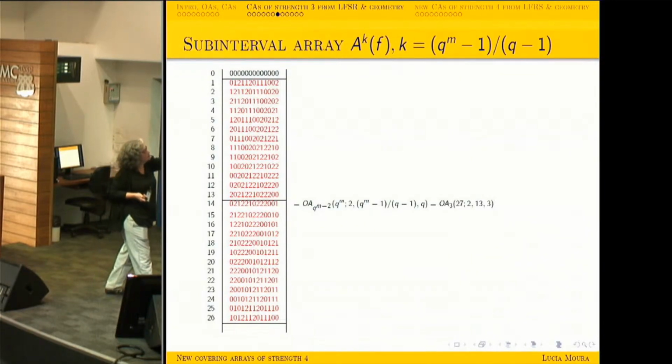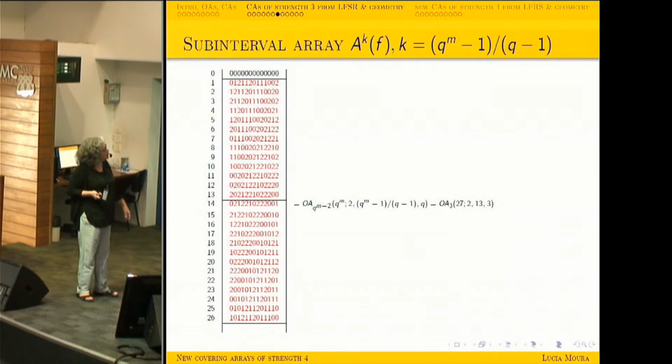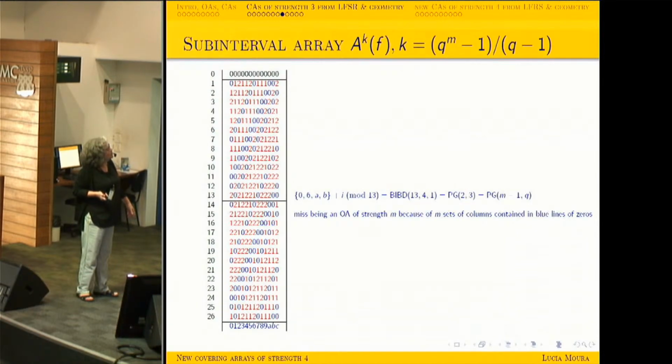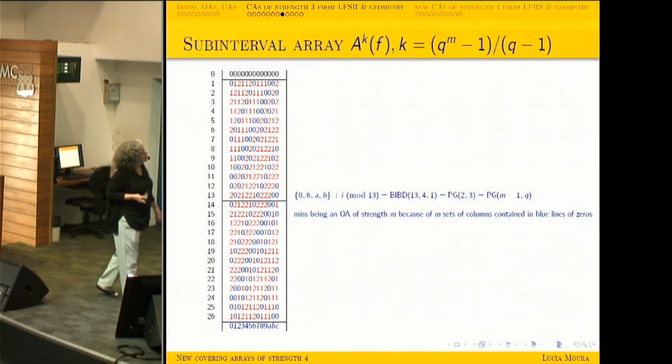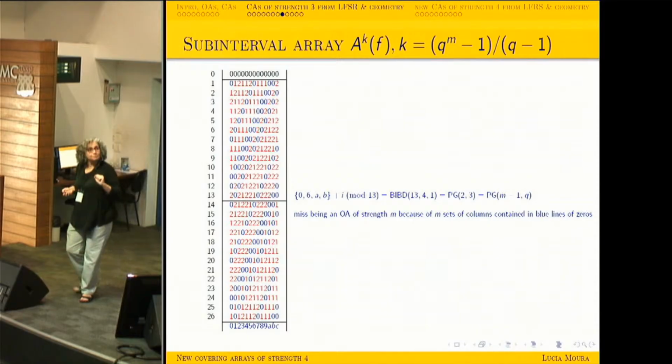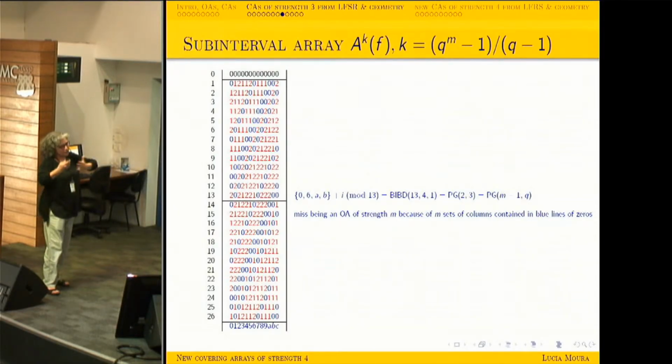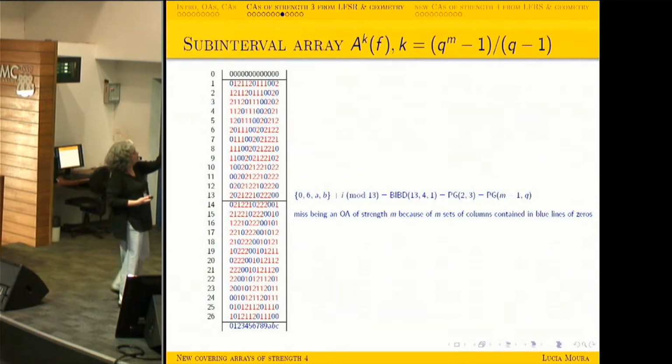So this is an array of strength 2, almost 3. The almost means that the places where it fails are on columns that correspond to points in a projective plane of order q.